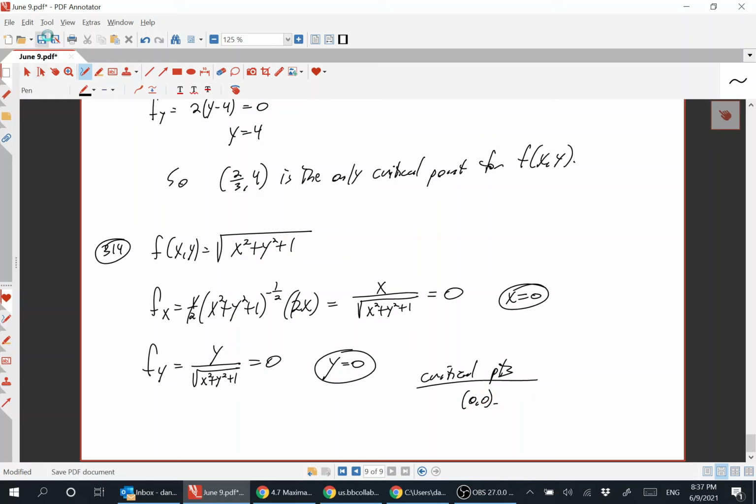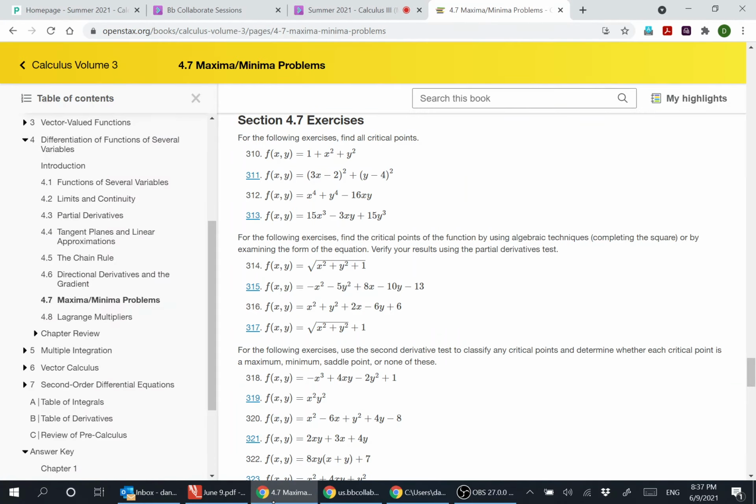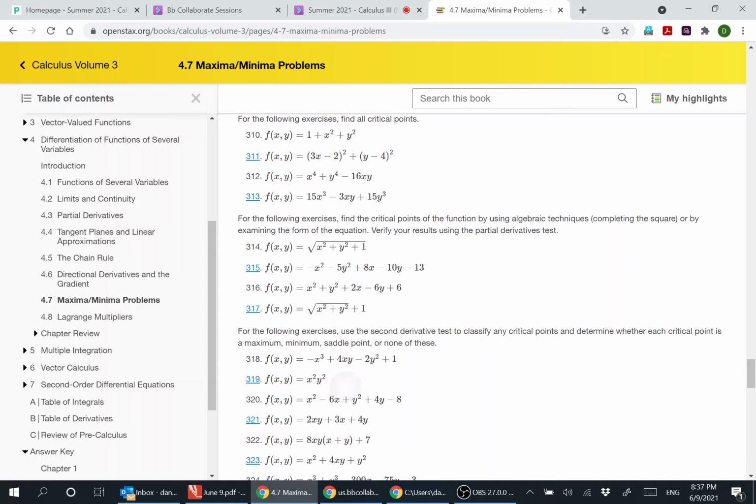Okay. 316, 318. So this one will be a little more entertaining, I think. 316, x squared plus y squared plus 2. Now, this is again just a simple one, because the partial derivative with respect to x is 2x plus 2.